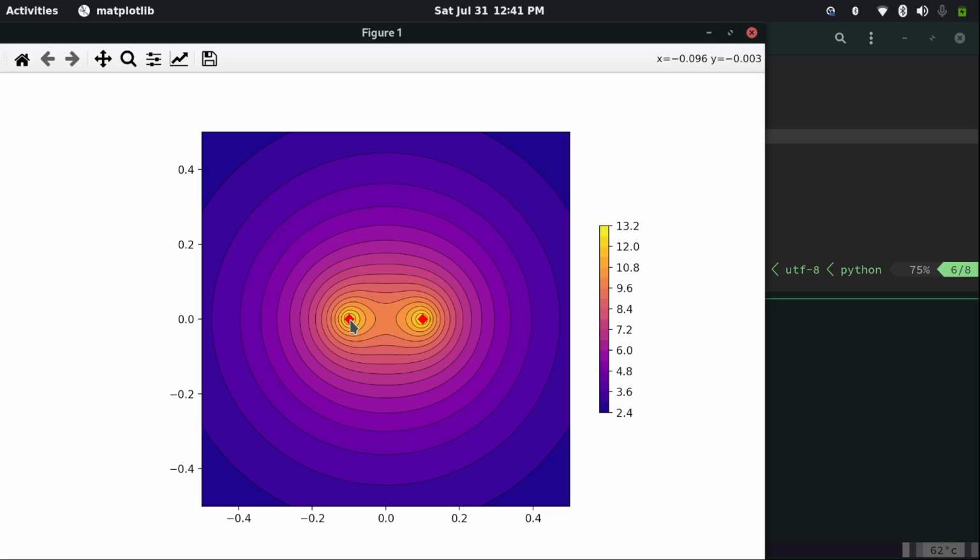These red diamonds are the positions of the charges, and all these black lines are what the equipotentials look like. When you are very close to the origin, the equipotentials look somewhat like a dumbbell, okay? A dumbbell shaped equipotential. But as you go outwards, this becomes elliptical, okay? And as you go very far outwards, it becomes almost like a circle, like this part looks like an arc of a circle.